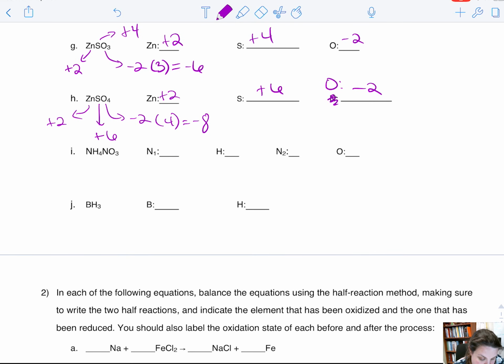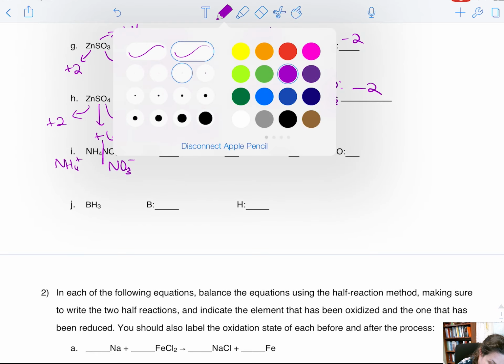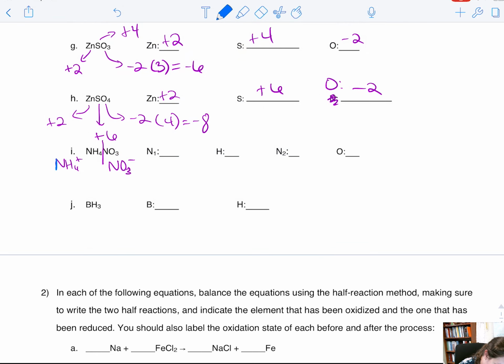Here we have an interesting species. So this is 2 polyatomic ions added together. NH4 plus, NO3 minus, where this nitrogen right here, we're going to call nitrogen 1.